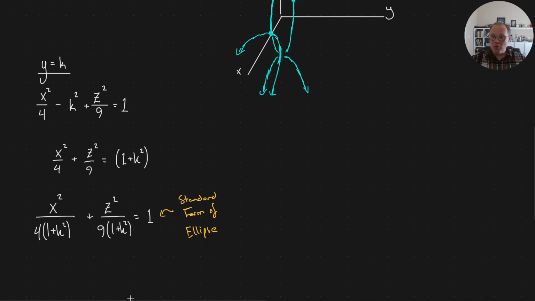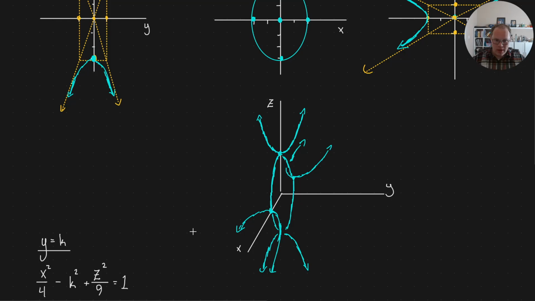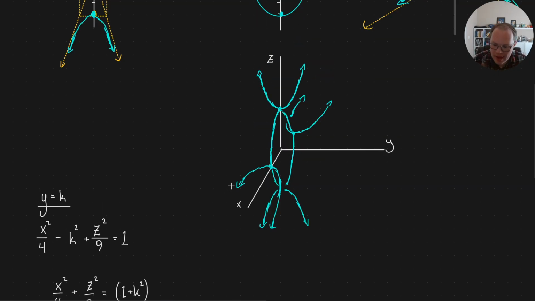Based on what we know about how ellipses work, that means I'm going to stretch out more in the x direction and in the z direction as y gets further away from 0, either in the positive direction or the negative direction. So I'm just going to get these ellipses, let me use a color here, that get bigger and bigger, and it'll just stretch out so it always touches the edges of these hyperbolas.